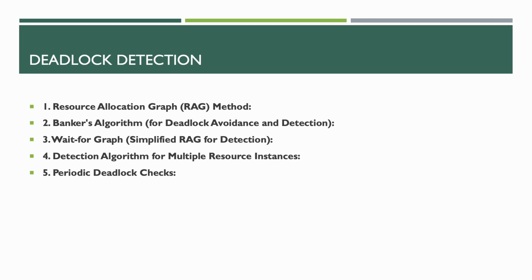Third is wait-for graph, a simplified version of a RAG, where only process dependencies are tracked, which ignores resources. So if a cycle is detected, a deadlock exists. Fourth is detection algorithm for multiple resource instances.